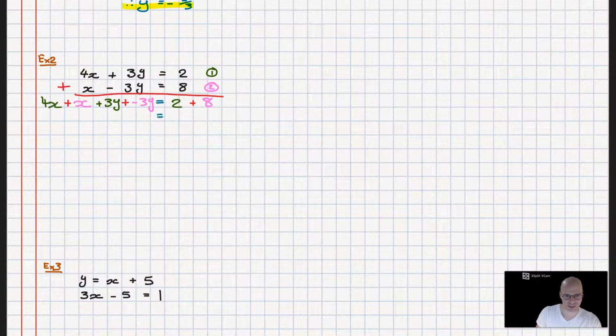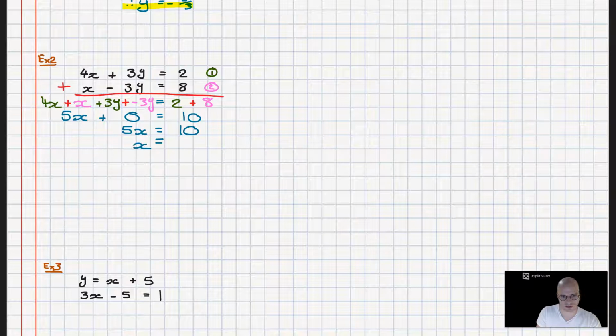Then we simply collect like terms. I'm going to get a 5x here now. Then we've got 3y plus minus 3y, well, it's nothing. Then we get 5x equals 10. Therefore, x equals 10 divided by 5, which is simply x is equal to 2. Nothing to it. So that would be a solution for x.